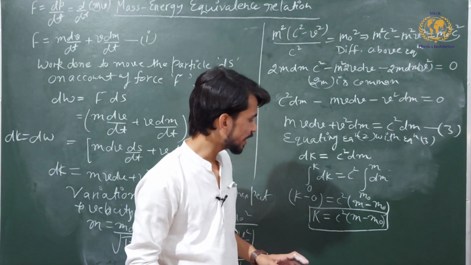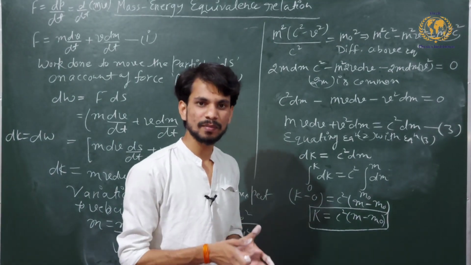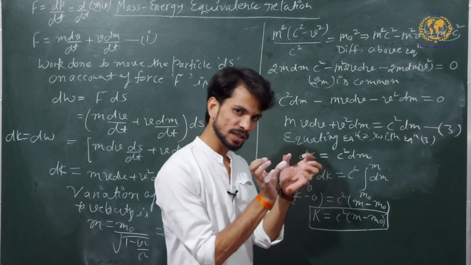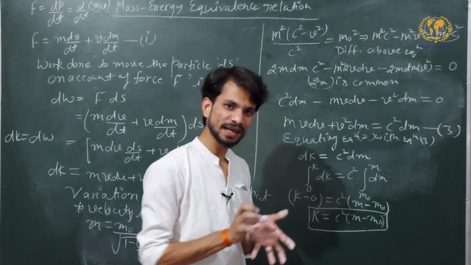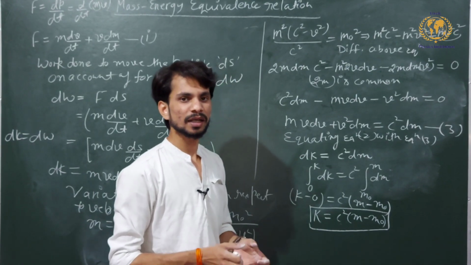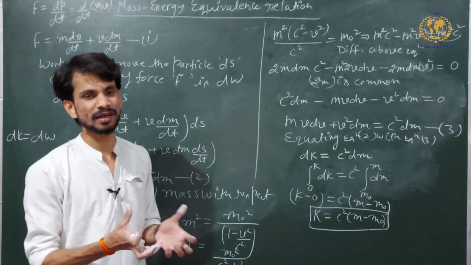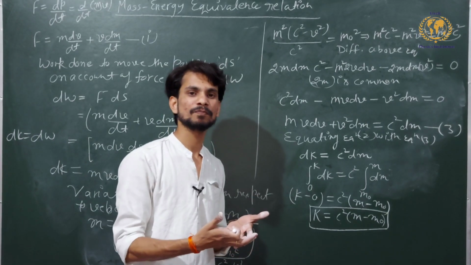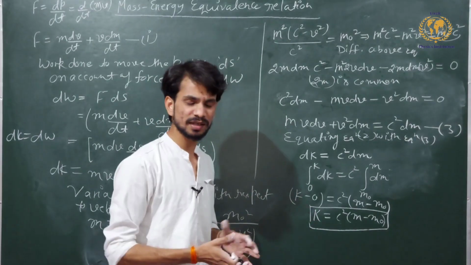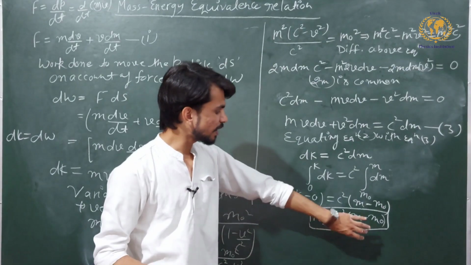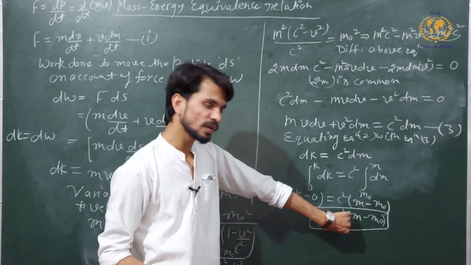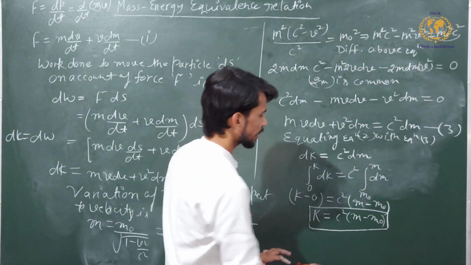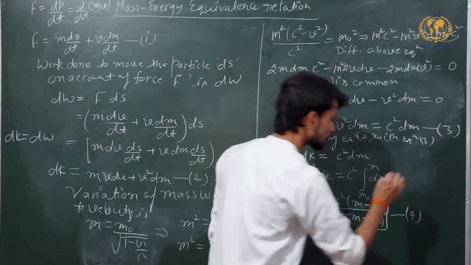Its simple meaning is that whatever is the change in the mass of the particle during its motion, multiply that change with c square, and you will get the kinetic energy. So if a particle moves with a certain velocity, then its mass also changes, and whatever the change in its mass, multiply that change with c square, you will get the kinetic energy due to which the particle is moving. Okay, again let's say this equation number is 4.